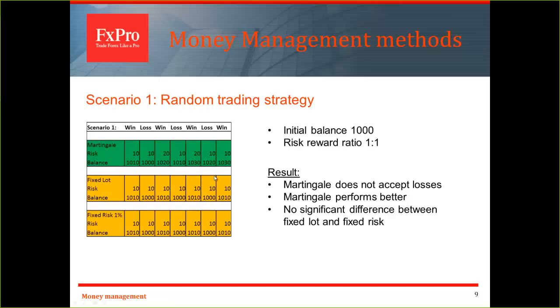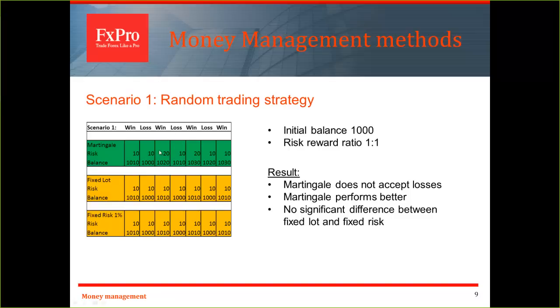So you can see in this case, Martingale actually performs better, because let's say in the first win, you just go from 1,000 to 1,010, then you lose 10, go back to 1,000, but every time you lose, the Martingale will make sure you double your exposure. So you went from risking 10 to risking 20, and you regained your losses and went back to 1,020.